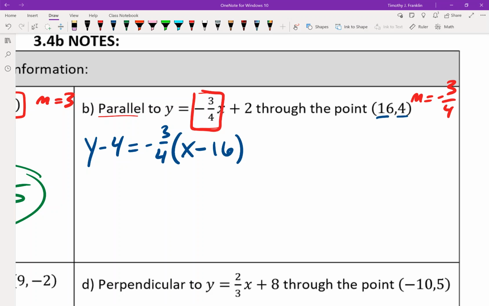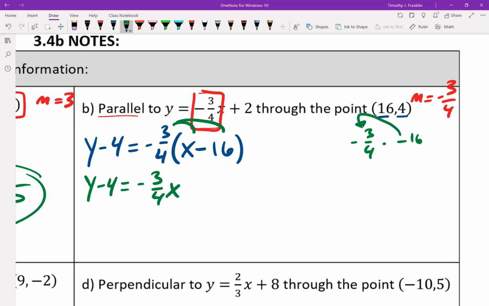Just like the previous problem, we'll distribute the negative 3/4 here. So y minus 4 equals negative 3/4 x. Now to do negative 3/4 times negative 16, just remember to multiply the whole number by the top and then divide by the bottom number of the fraction.